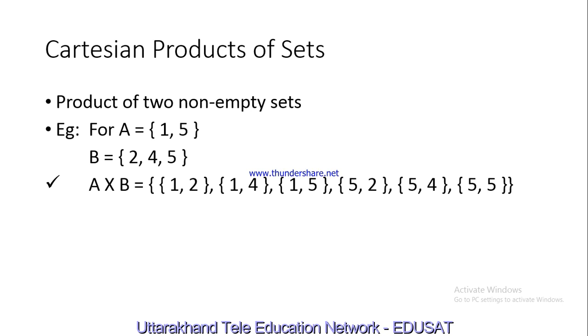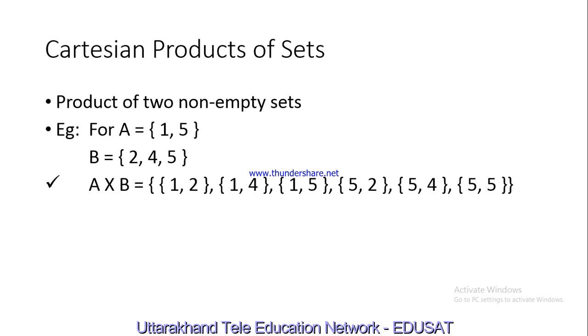Then for the second element of A, which is 5, again we will conduct the same operation. We will multiply it with all the elements in set B. So we get 5 2, 5 4 and 5 5. So this is the Cartesian product of the two sets A and B, and we denote it by A into B.